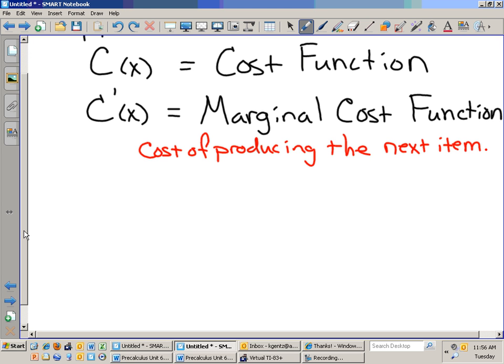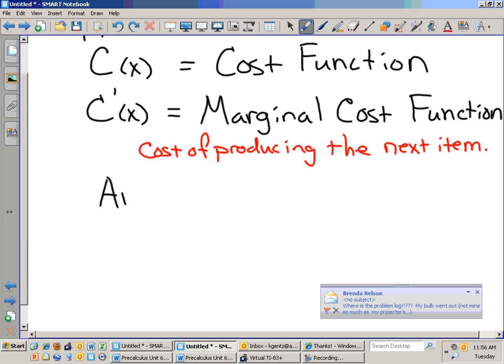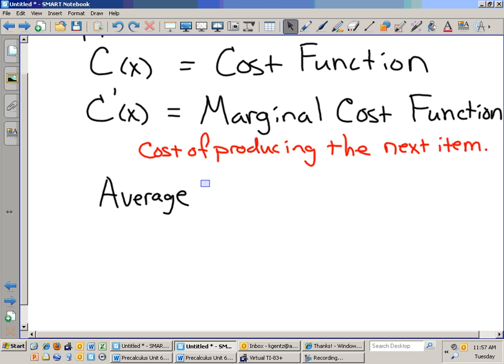Let's think about this, average cost. If I want to figure out the average cost of production, now let's think about this for a second. Let's say it cost me $20 to produce an item, the very first one.